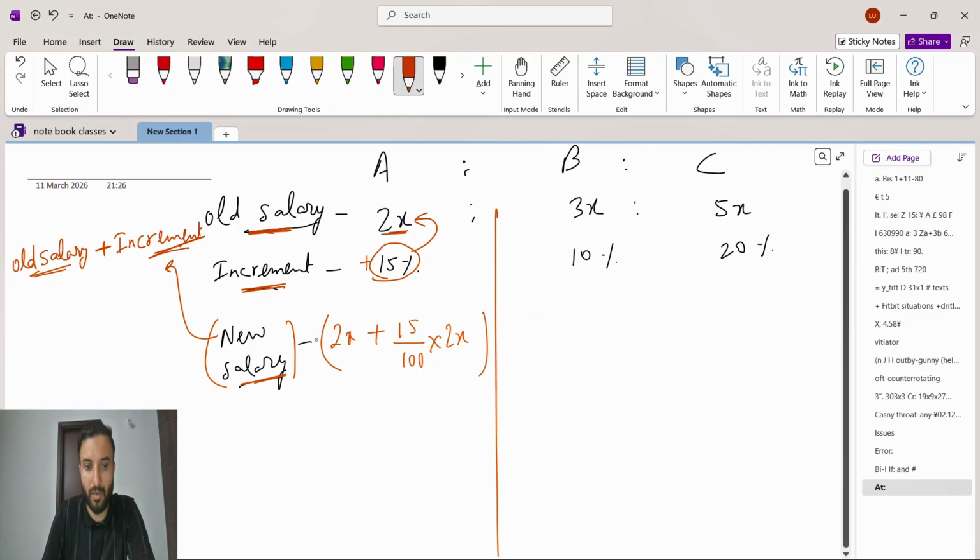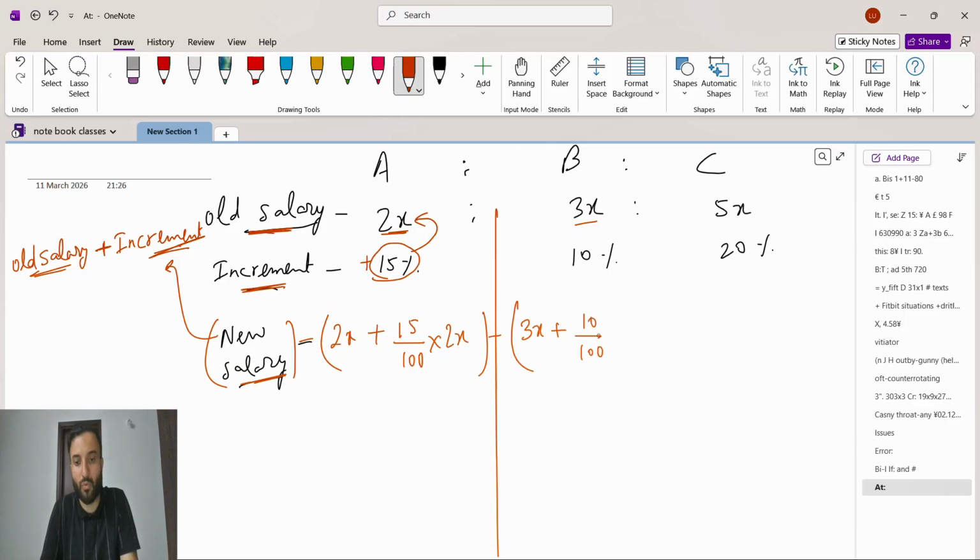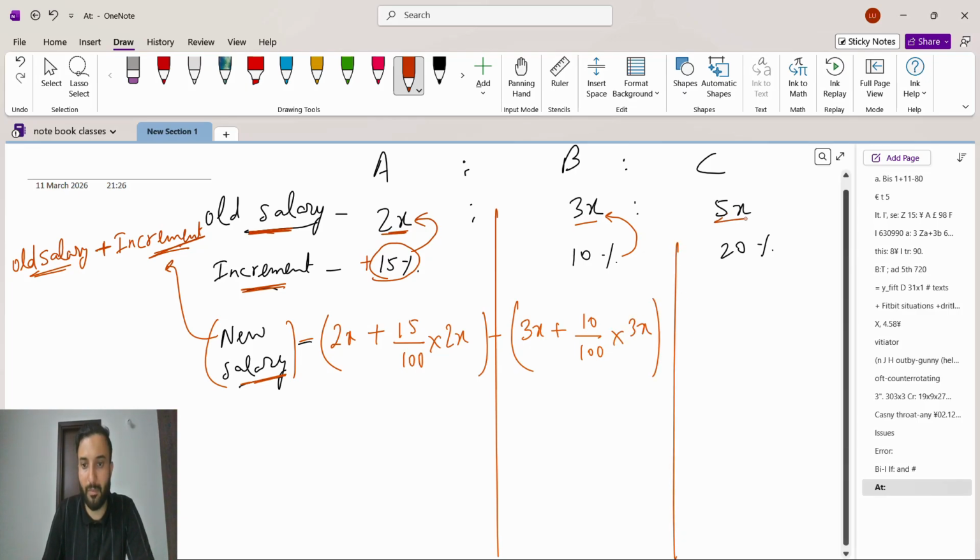Now B: the new salary of B means old salary, which is 3x, plus increment. Increment is 10%, which means 10 by 100. Increment 10% of what? 10% of the old salary only. This is B. C is the same.